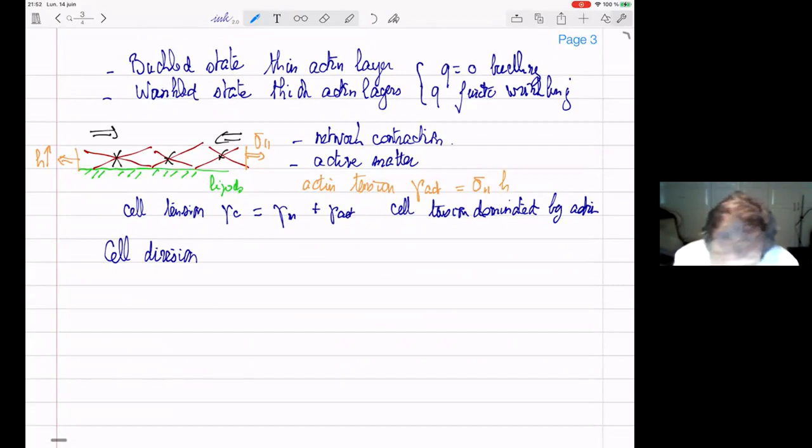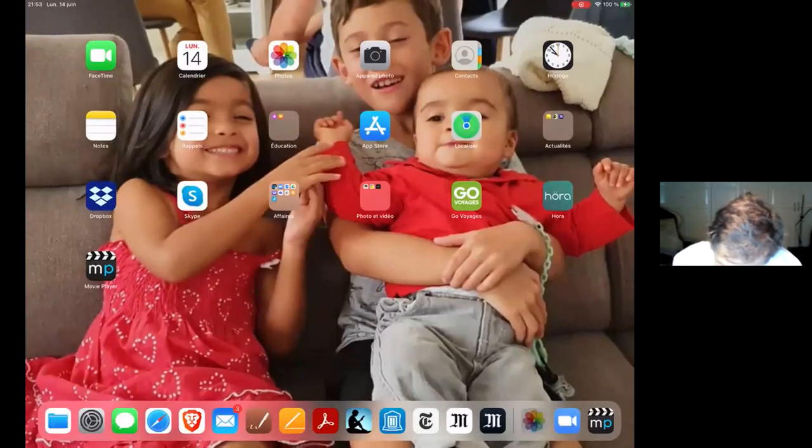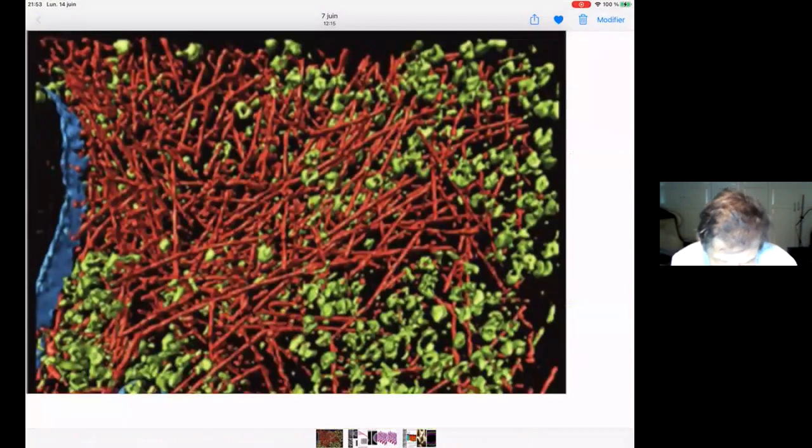But in the end, the cell has to cut into two daughter cells. This is called cytokinesis. So what I want to show you is how cytokinesis is controlled by this actin cortical layer that I just showed you. So I will do that with pictures again.